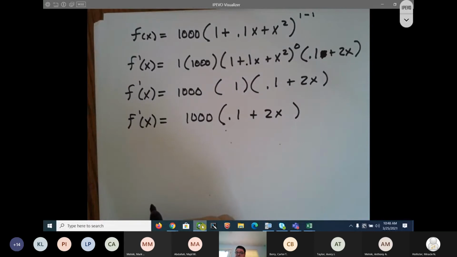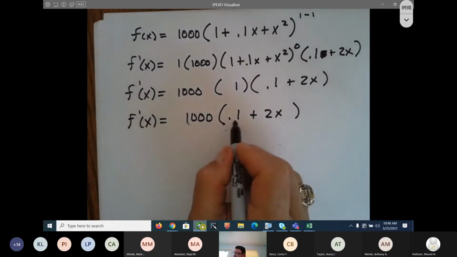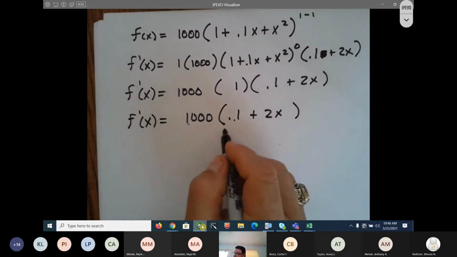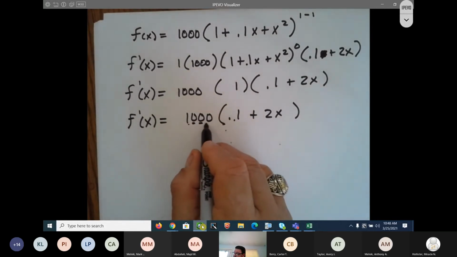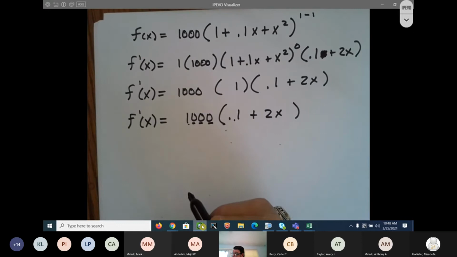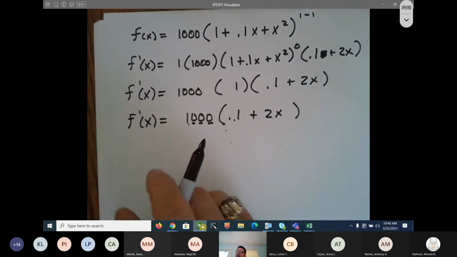I'm going to show you a trick I learned in the war. What happens when you multiply a number by 1,000? What do you do with the decimal point after you count the zeros? Don't tell me that y'all have gone through 12 years of school and you don't know how to multiply by 1,000.